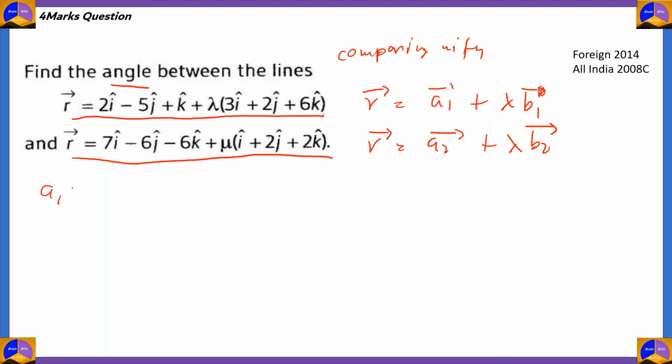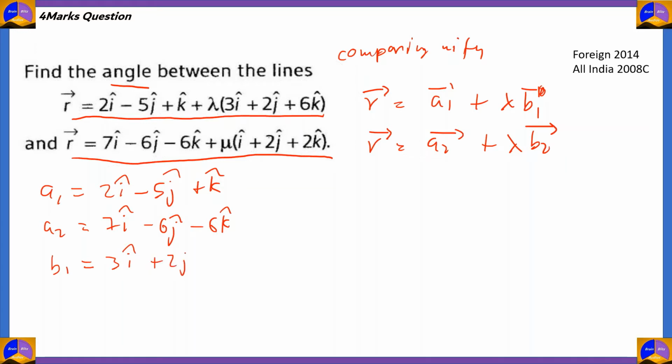So on comparing, we'll get a1 = 2i - 5j + k, a2 = 7i - 6j - 6k, b1 = 3i + 2j + 6k, b2 = i + 2j + 2k. So now we have all our 4 equations.